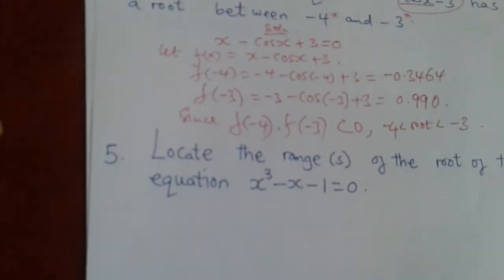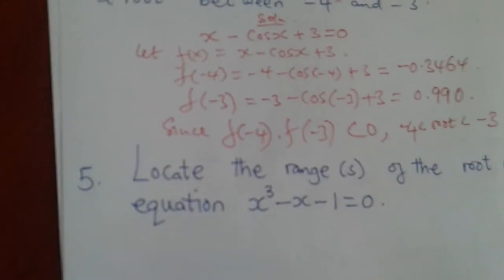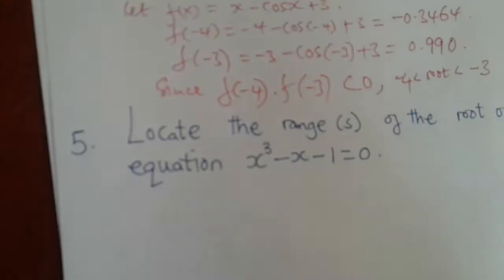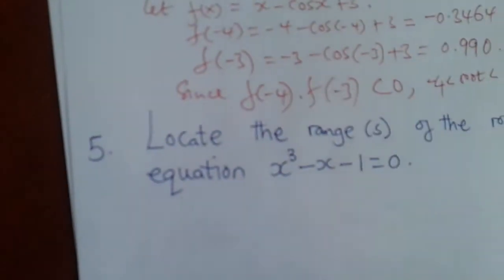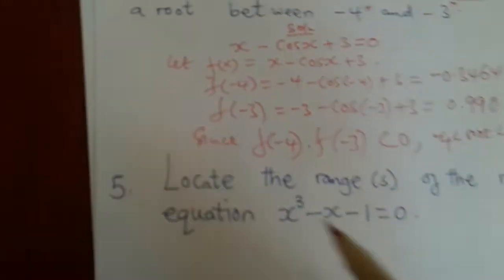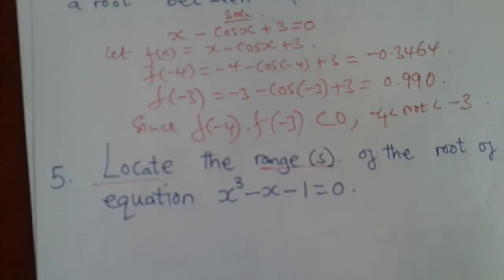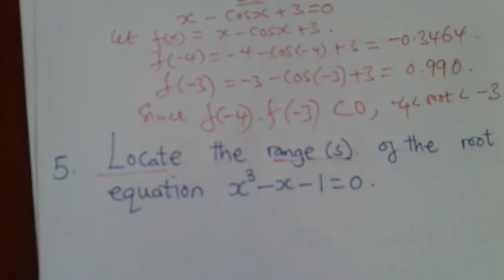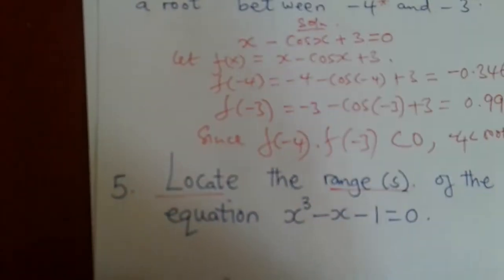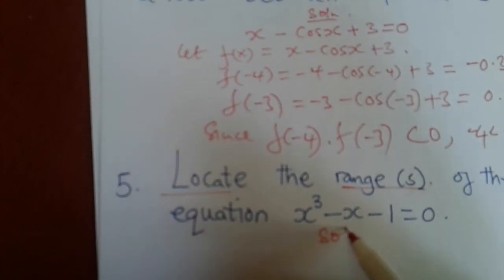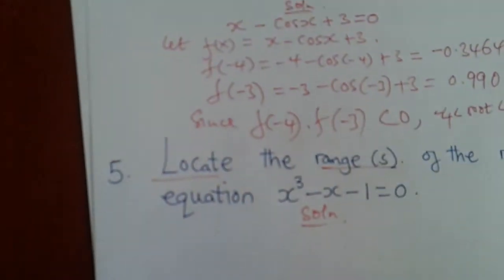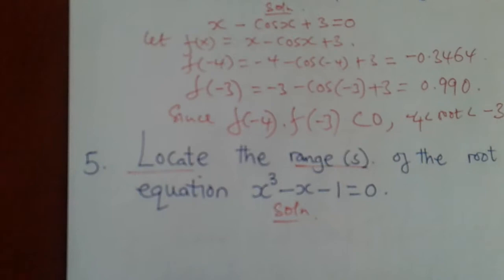Now I've got another case where they can say locate the range or ranges of roots of the equation. Here, when they say locate the range or ranges, it means you can have one or more than one range, and here we shall use a table of results and we shall be able to locate the ranges.